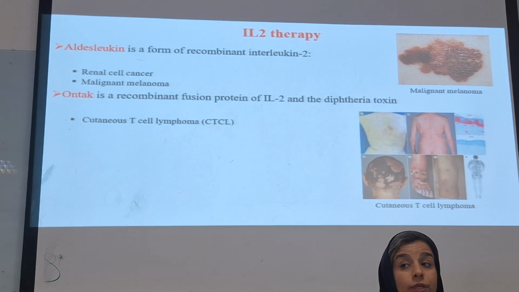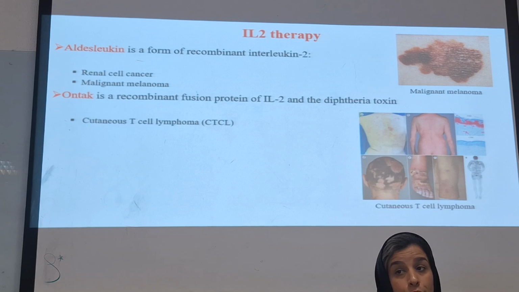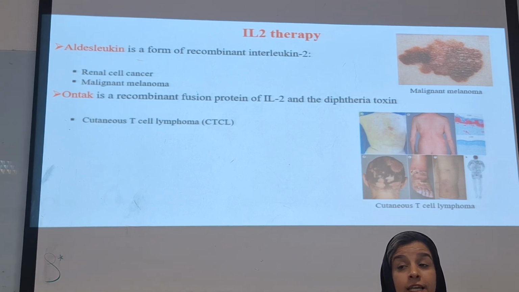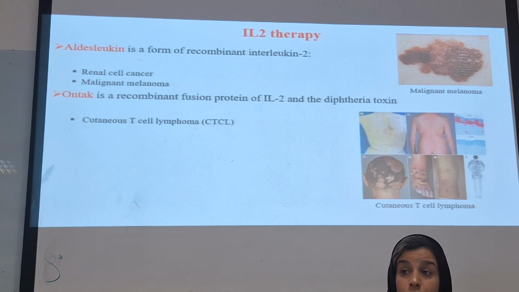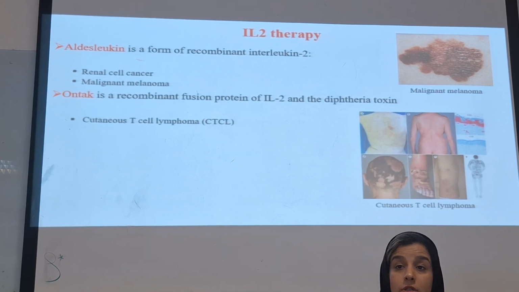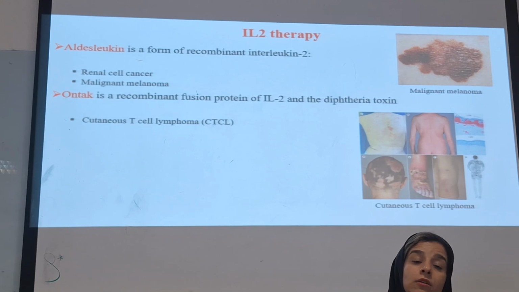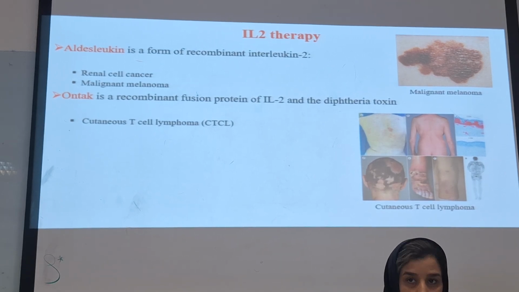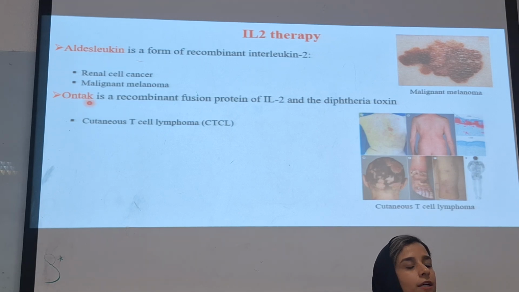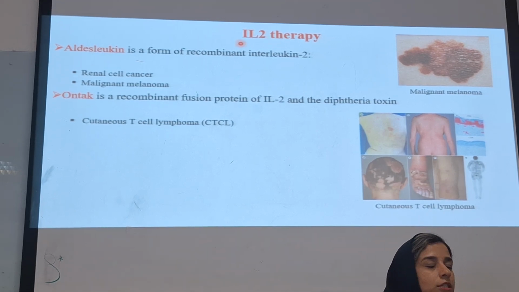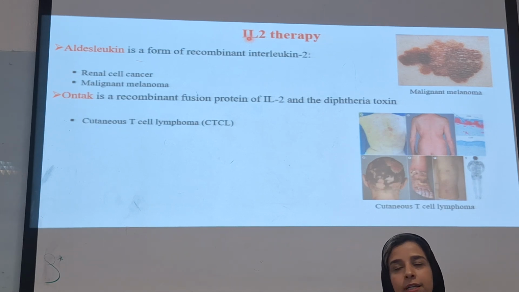I told you interleukin-2 is very, very important for proliferation of T lymphocytes, the adaptive immune cells. This cytokine is produced by T cells and acts in an autocrine manner on T cells. There are two types of drug for interleukin therapy for treatment of some types of cancers.